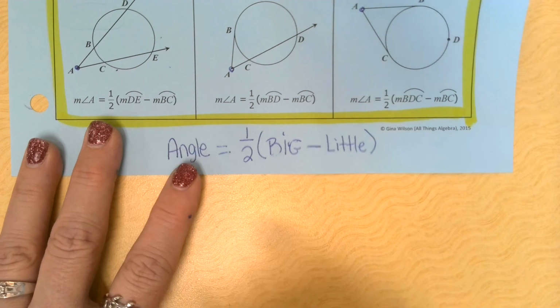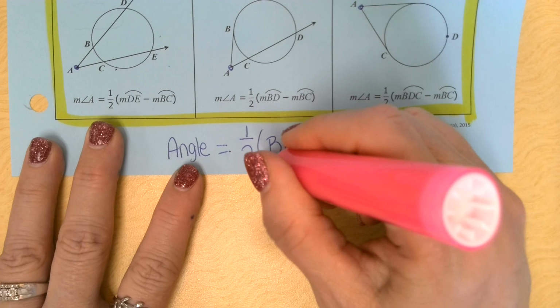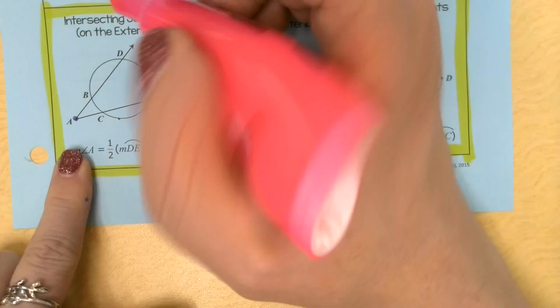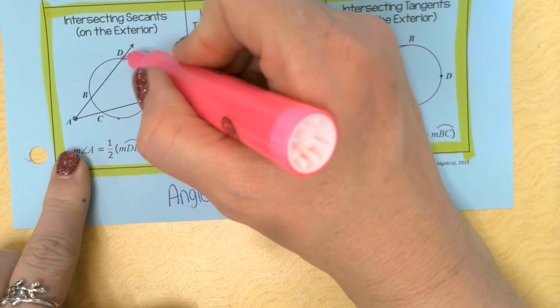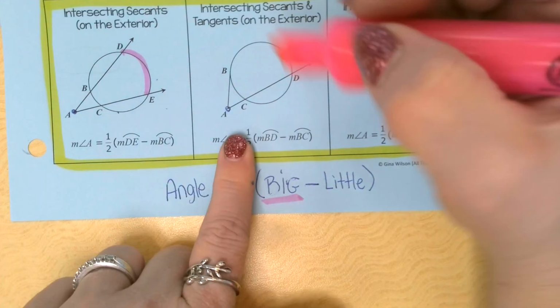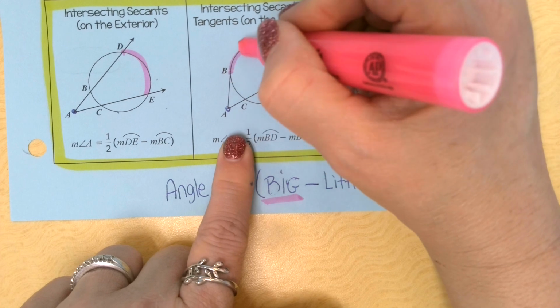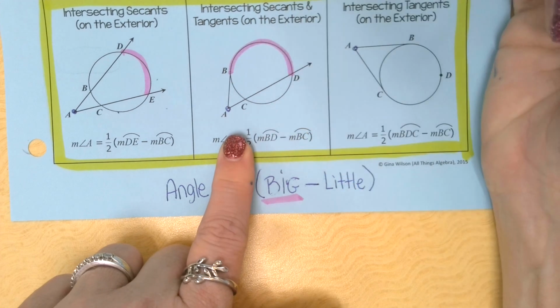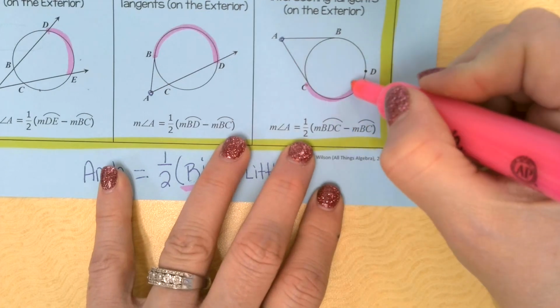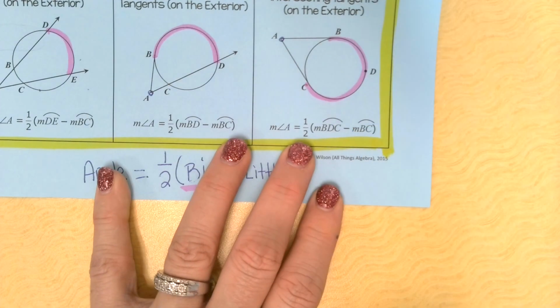This is where your 2 colors are going to come in handy. All of my big arcs, I'm going to highlight pink. In this picture, we're looking at the intercepted arcs. This is my big arc. In this one, this is my big arc. And in this one, that is my big arc.